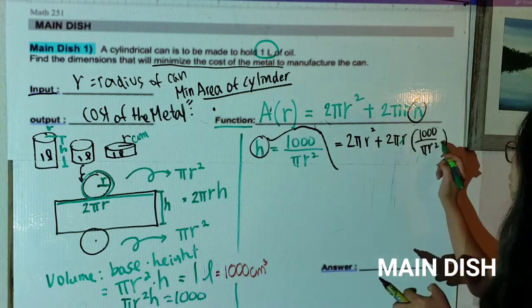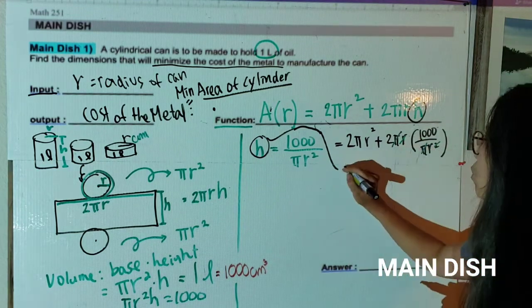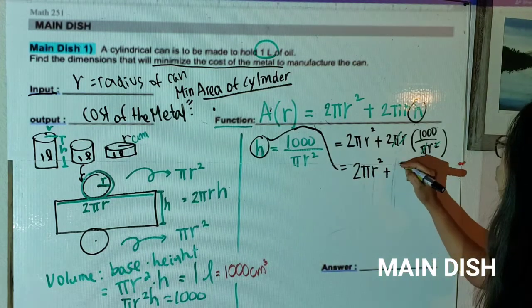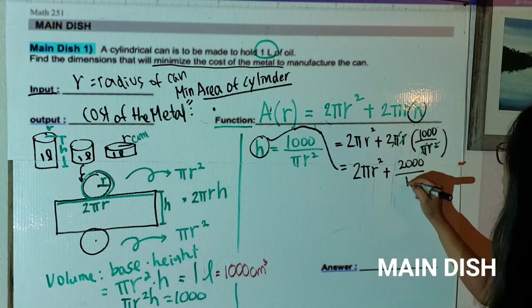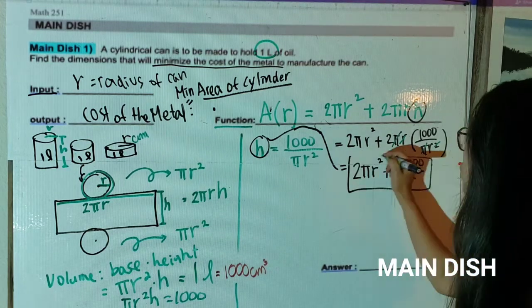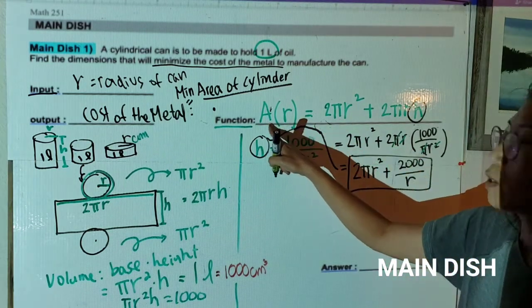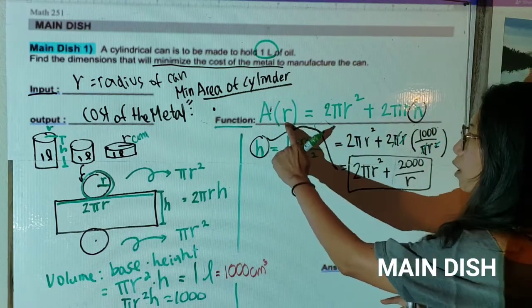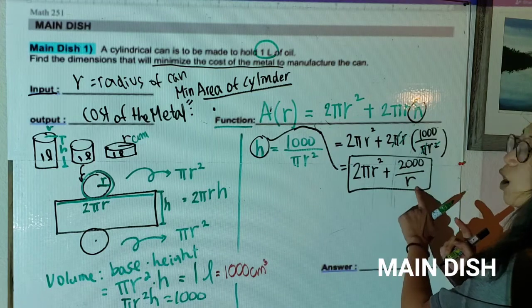Then you see this cancels out, this one cancels out, so it turned out to be simply 2 pi r square plus 2,000 over r. That's what I get as my function. That's why you want to put it as a function. I cannot have more than one variable. So if the input is r, you have to change everything in terms of r right here.